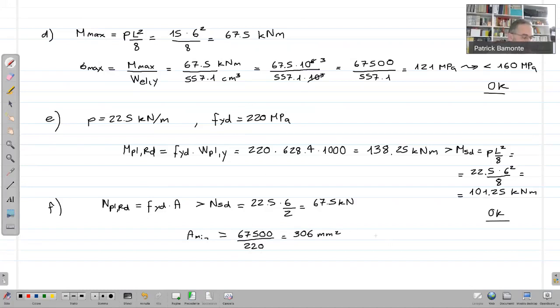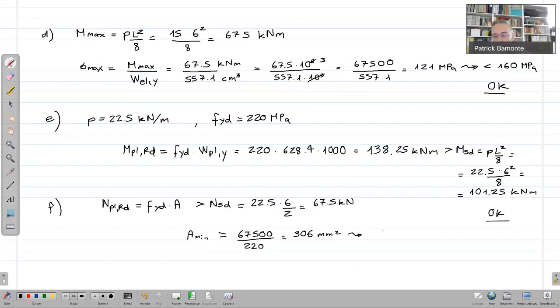Now, the exercise asked you to design the section of the tie assuming a circular section with an even diameter. So I wrote 10, 12, 14. What is the diameter corresponding to this area?